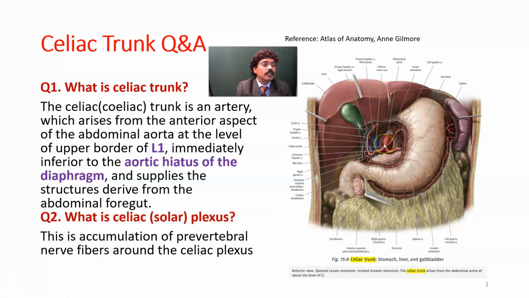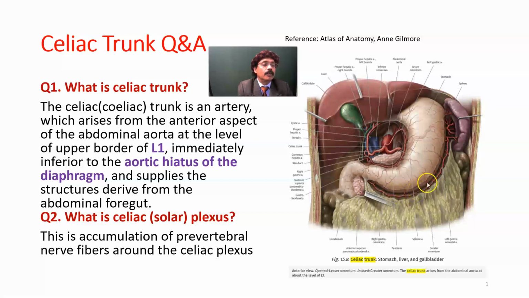So this is the celiac trunk. It has three branches: the left gastric artery, the splenic artery, and the common hepatic artery. The common hepatic artery again has multiple branches, like the gastroduodenal artery here. Then the hepatic artery proper has the right gastric artery and the left hepatic artery, with the right hepatic artery and the left hepatic artery as its branches. And the gastroduodenal artery again has multiple branches like the pancreaticoduodenal artery and the right gastroepiploic artery.